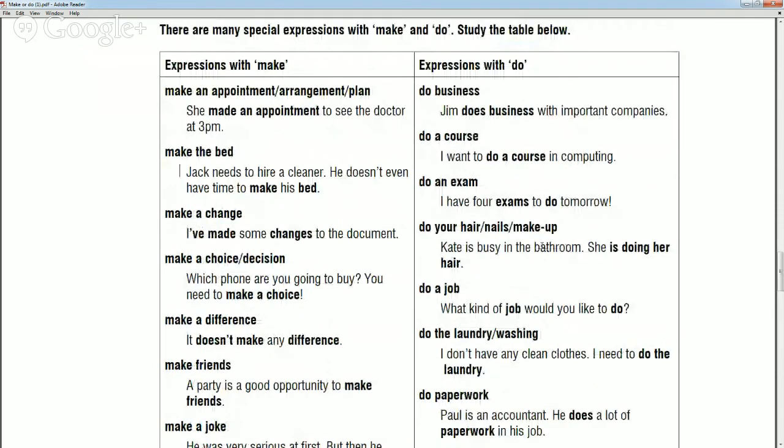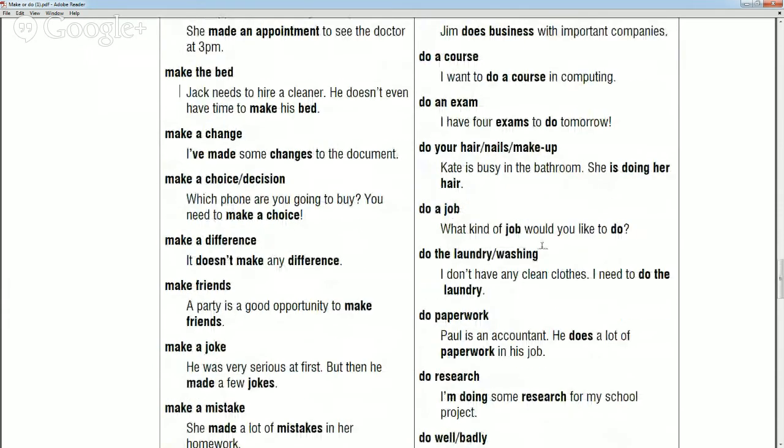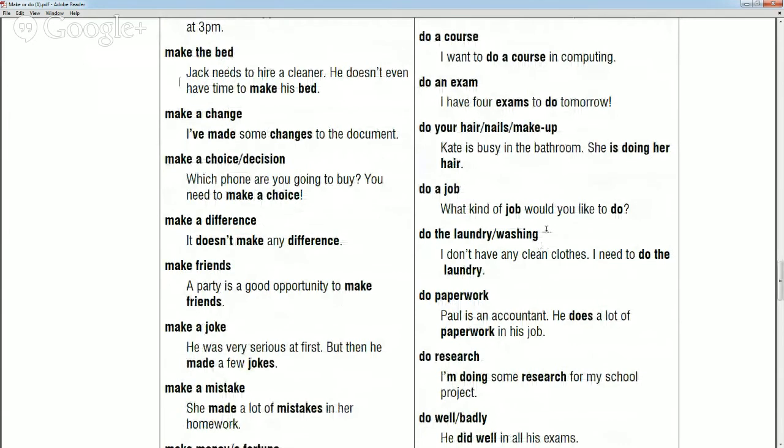Okay. Do a job. Can you read that one? What kind of job would you like to do? Well, I kind of like this English teaching thing. How about you? I kind of like this English teaching thing. You do too? I barely got my English teaching license.